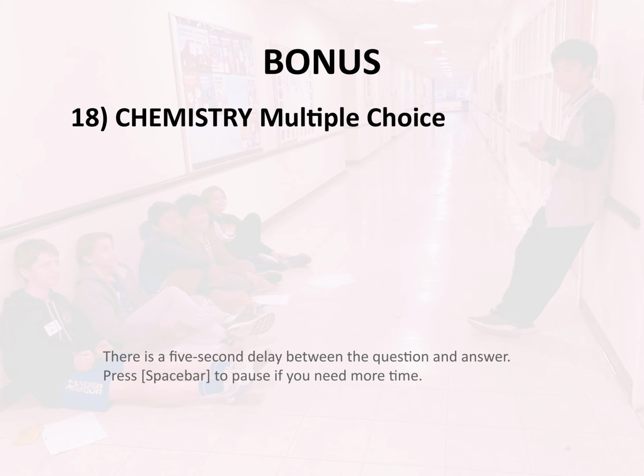W. The Ti-Cl bond in titanium tetrachloride has more covalent character. X. The Ti-Cl bond in titanium tetrachloride has more ionic character. Y. Titanium dichloride forms a molecular solid, whereas titanium tetrachloride does not. Z. The presence of more gaseous chlorine lowers the melting point of titanium tetrachloride.